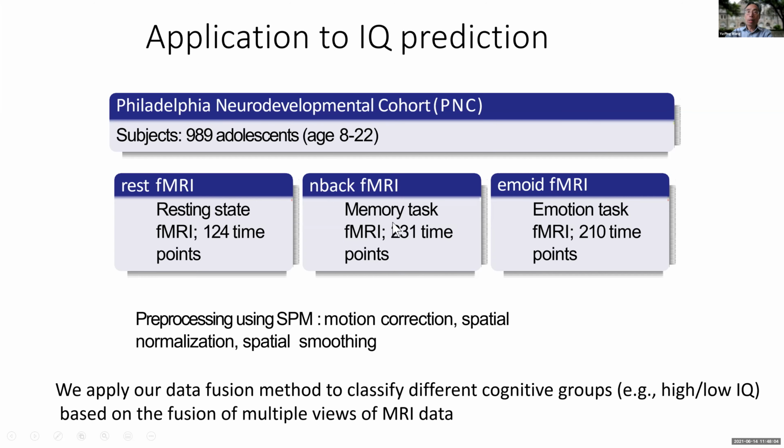First, we do pre-processing using SPM to make a motion correction and perform normalization and smoothing. After this, we run our data fusion approach to make IQ predictions.